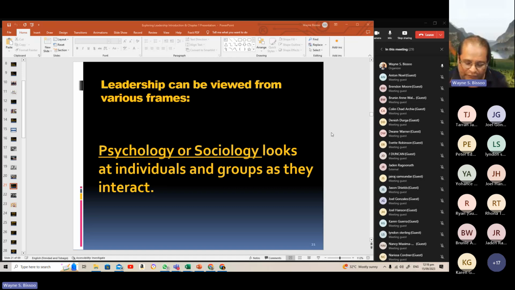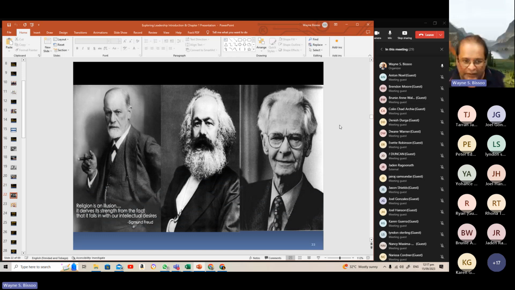So the combination of the two is what's going to help us understand people and people operating in groups. And these three individuals have a lot to contribute to the concepts we're going to be looking at, especially the gentleman on the right-hand side with the glasses on.